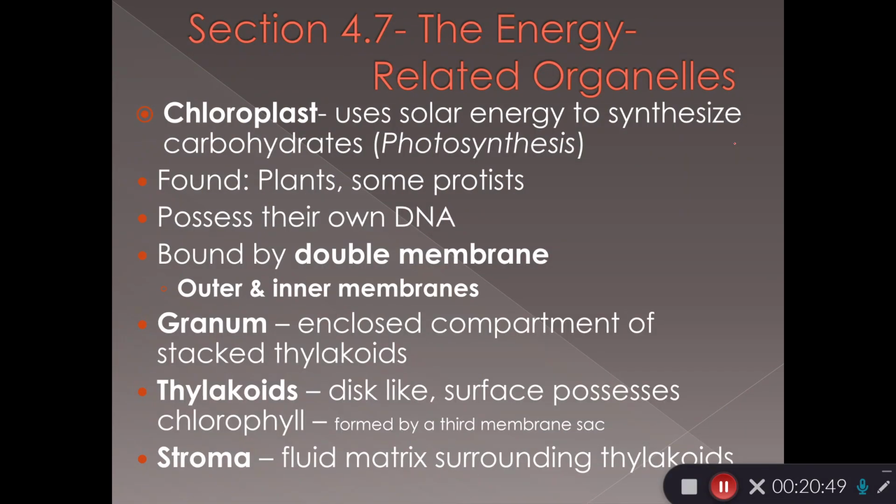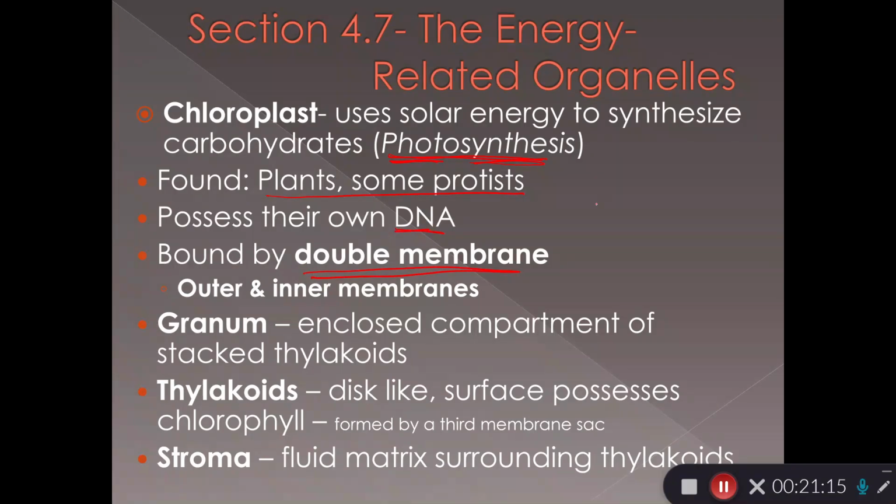Okay, this is the chloroplast. The chloroplast is where photosynthesis occurs, the process of using light to make sugar. Plants, algae, and some bacteria like cyanobacteria have chloroplasts. They possess their own DNA and their own double membrane. That's that endosymbiosis thing.